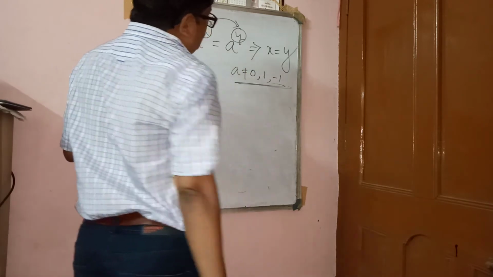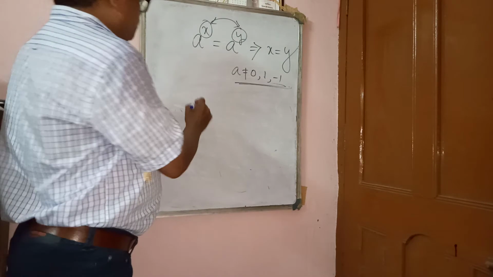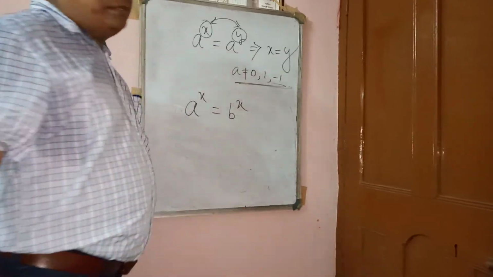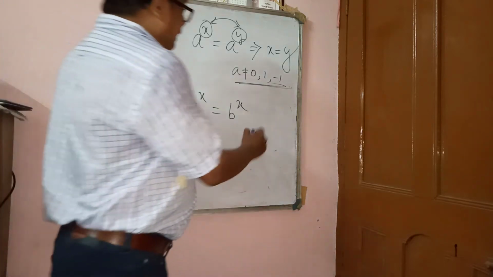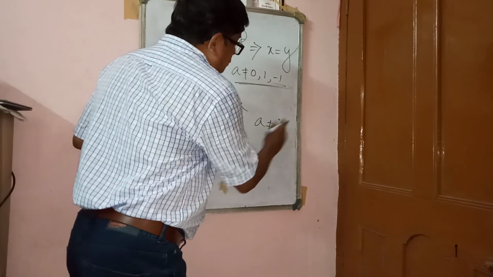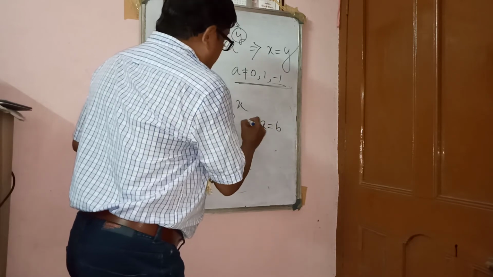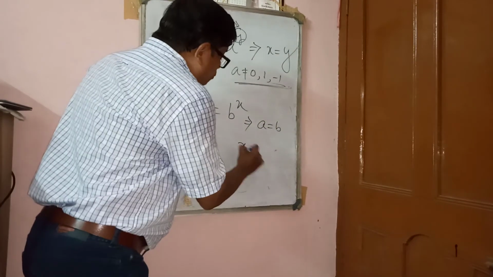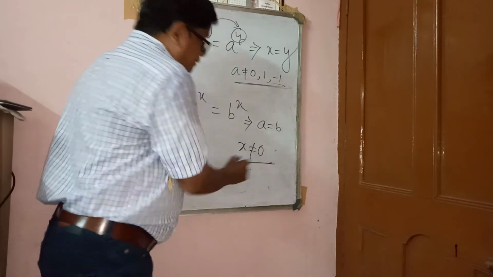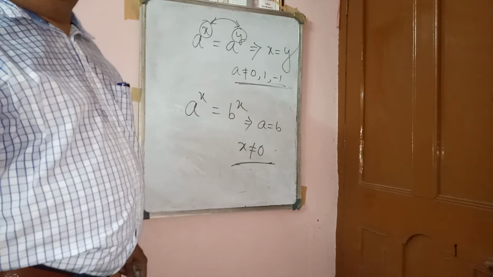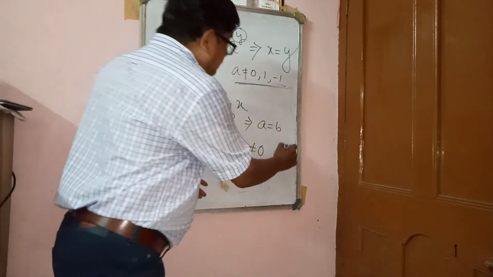Again, suppose a to the power x equal to b to the power x, then you can say a equal to b when x is not equal to 0. Keep in mind, x not equal to 0, also infinity is there.